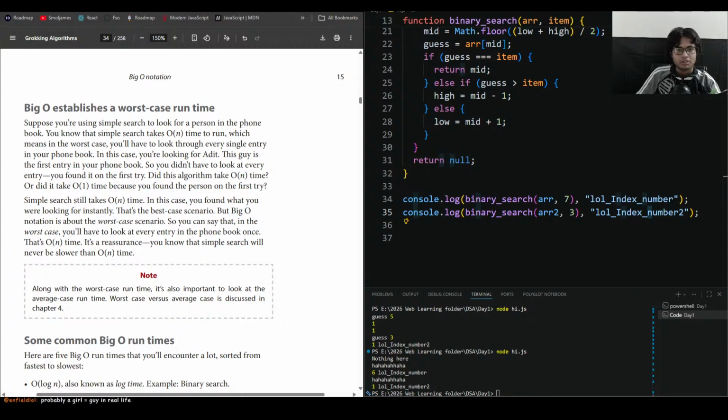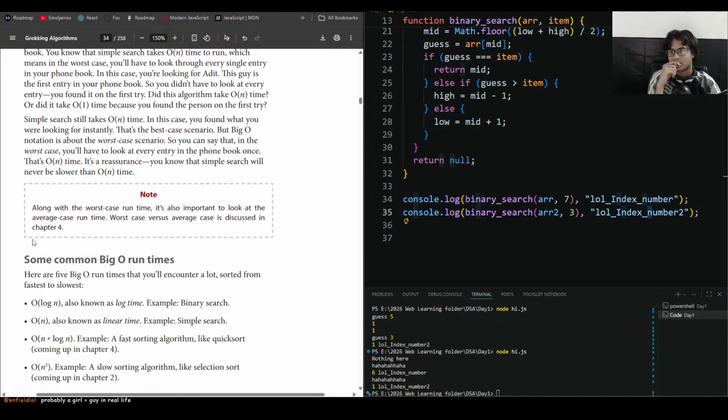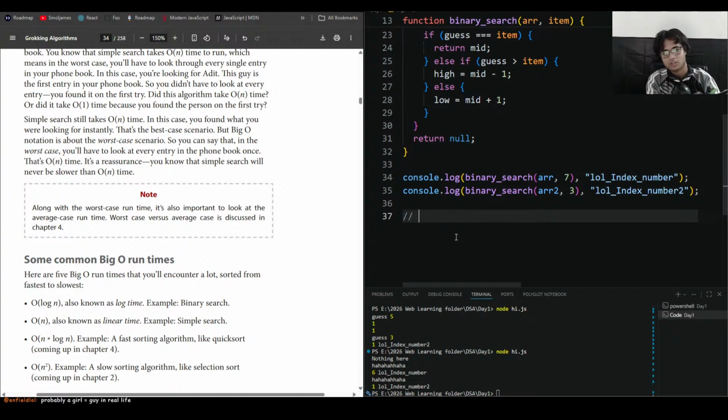Note, along with the worst case runtime, it's also important to look at the average case runtime. Worst case versus average case is discussed in chapter 4.